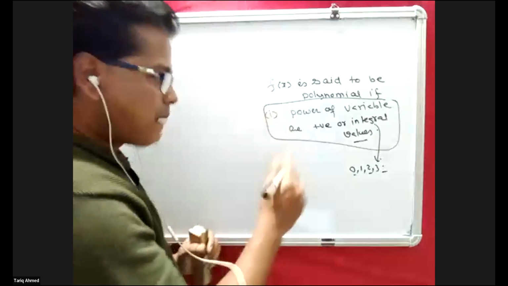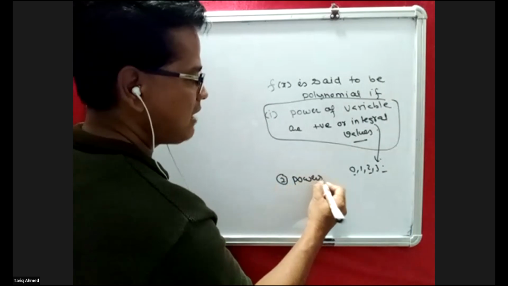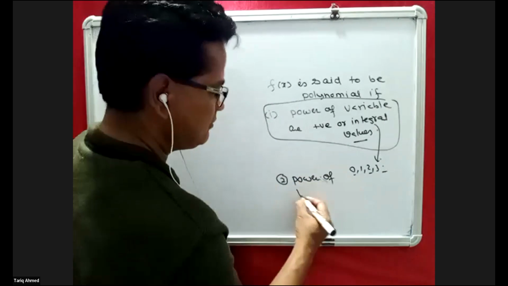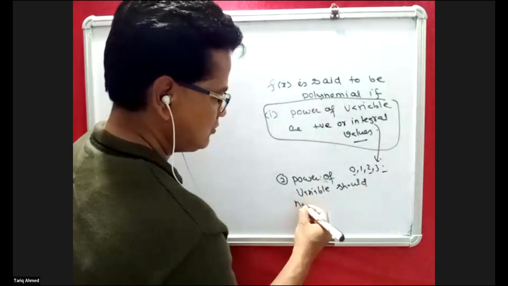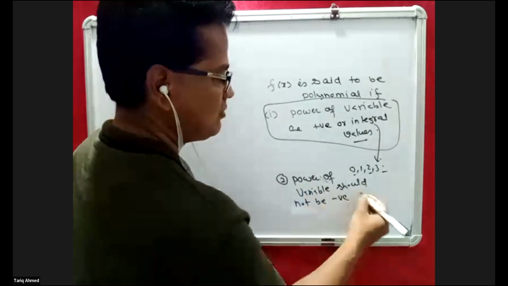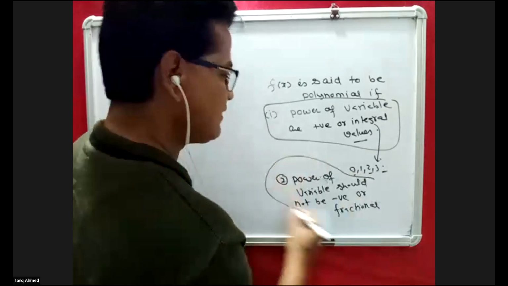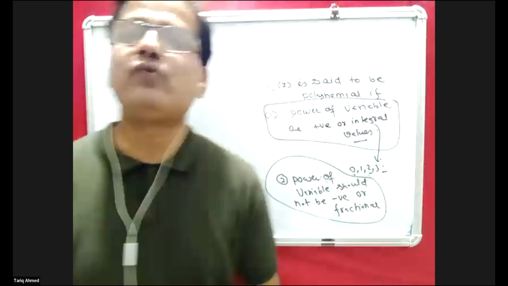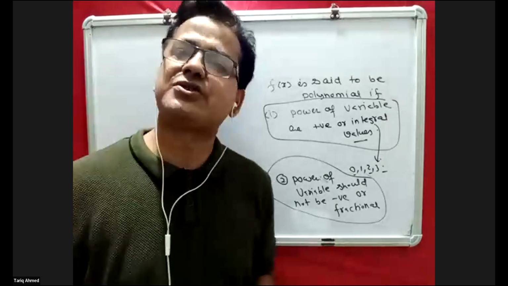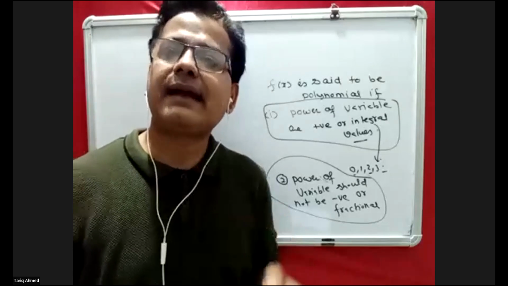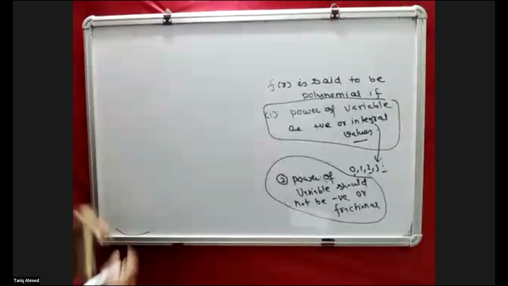Means the power of the variable should not be negative or fractional. This is the condition. If you see any power negative or in fraction, then that cannot be called a polynomial. See, one example.